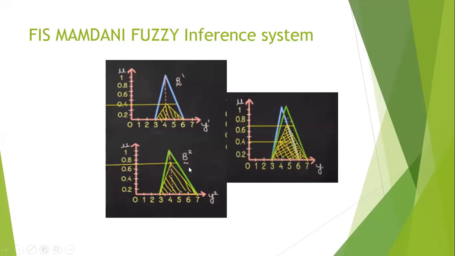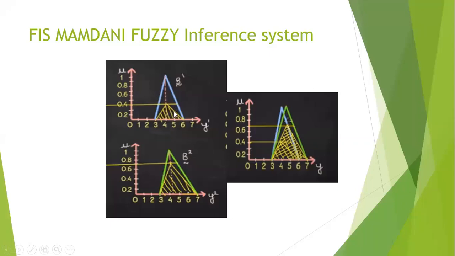Similarly for the B2 output, again you are scaling down the triangle, that means reducing the height of your triangle to the resultant membership function value. So here the second rule has the OR operator. So you need to consider the maximum of 0.3 and 0.7. 0.7 is your resultant value.